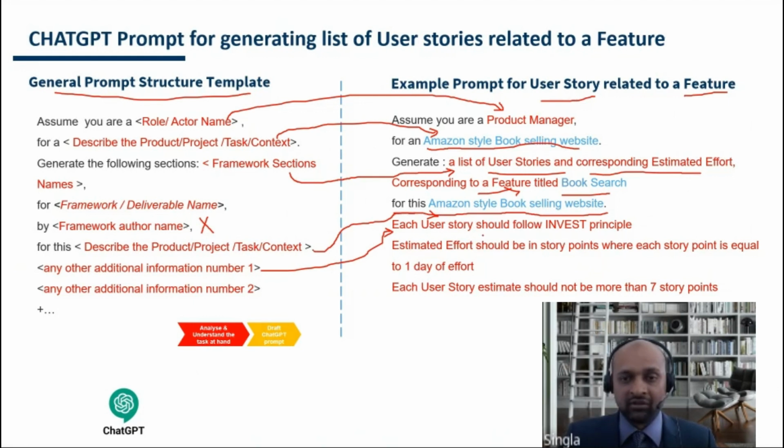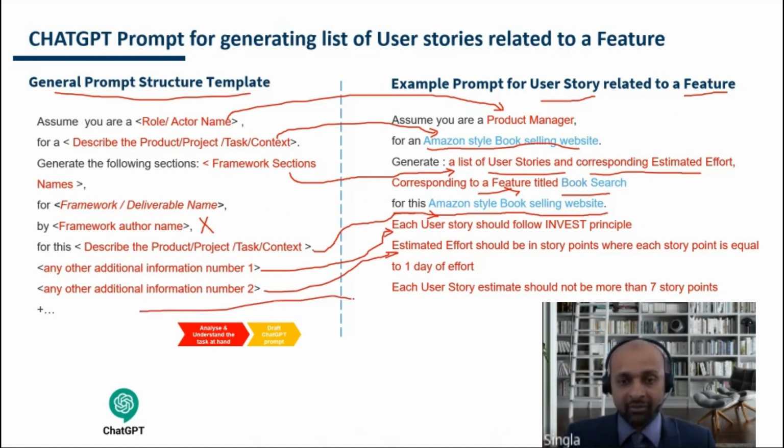For example, we want each of these stories to follow the INVEST principle, basically so that each of these stories is testable and independent of the others. Then we want the estimates which ChatGPT is going to generate to be in story points, and each story point should be equal to 1 day of effort.